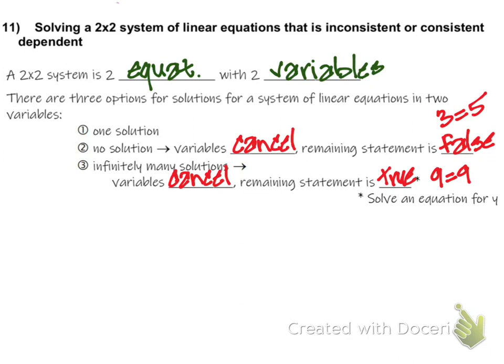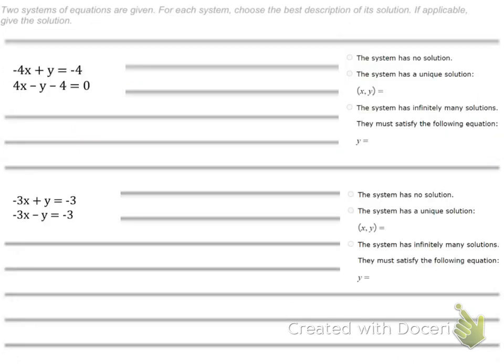Because those two depend on each other. So in the situation where the variables cancel and the remaining statement is true, we solve an equation for y and say that it's infinitely many solutions of the type y equals whatever. Okay? So let's do it.